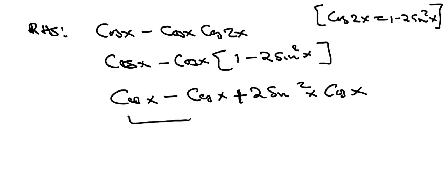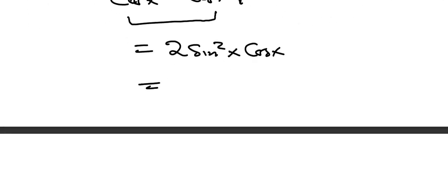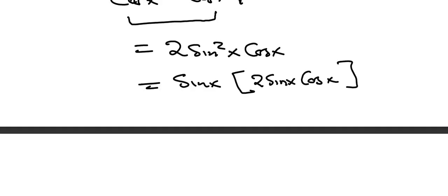Then from here, you are seeing that the cos and the cos are cancelling, they're subtracting. So we'll just remain with 2 sine squared x and also a cos. Then I can just rewrite this, split it to be the same as sine x, there are two of them, right? Then there's a 2, the one that remains, and there's a cos. You are seeing that this here is the double angle for sine, so this is where the sine 2x came from.